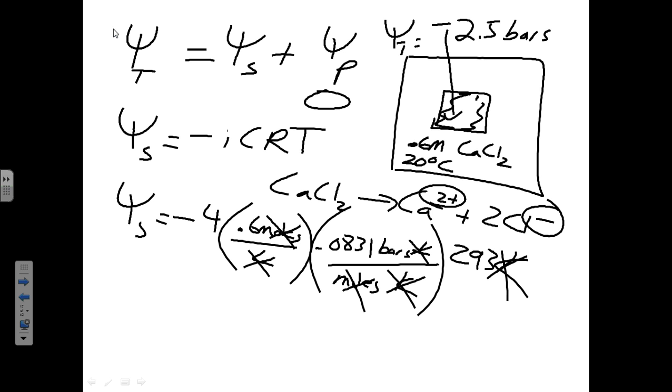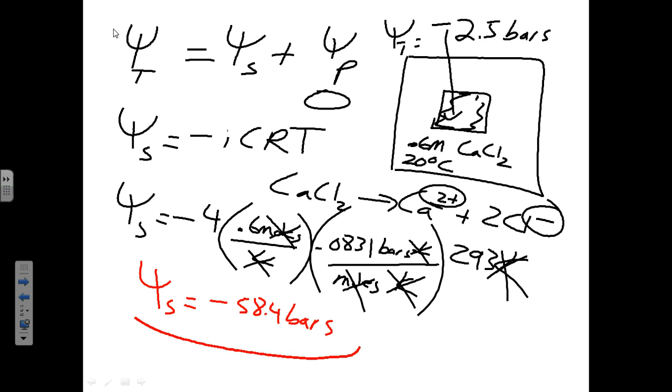All right, and we end up with a solute potential of -58.4 bars. And we're trying to find the total water potential inside the beaker. The pressure is 0. The solute potential is -58.4, which means the total water potential in here is -58.4.